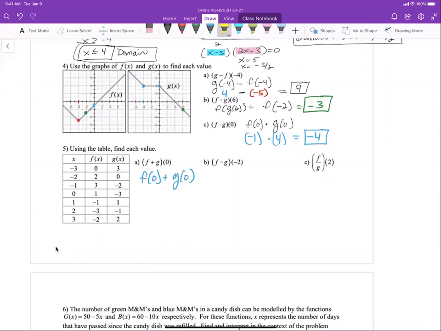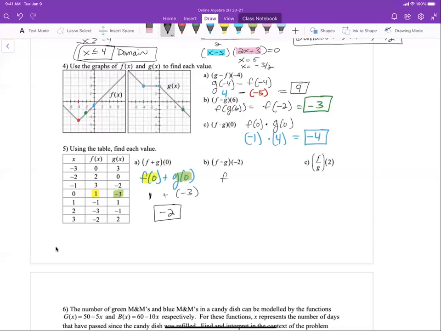So we will use yellow. So I go to the input x of 0, f of x at that moment is 1. And what is g of 0? And that is a negative 3. And so 1 plus a negative 3 is negative 2.